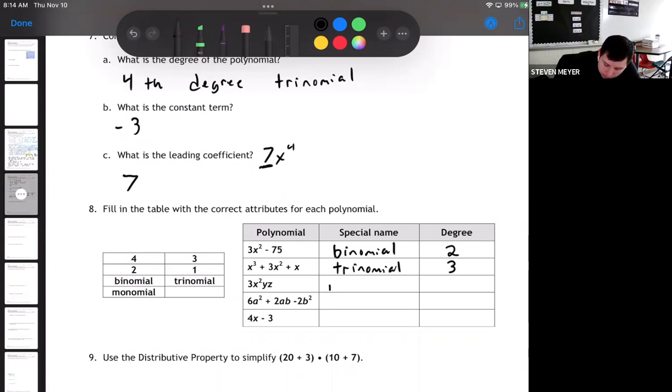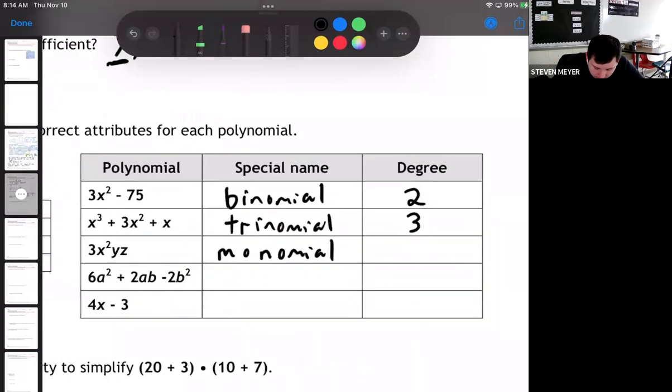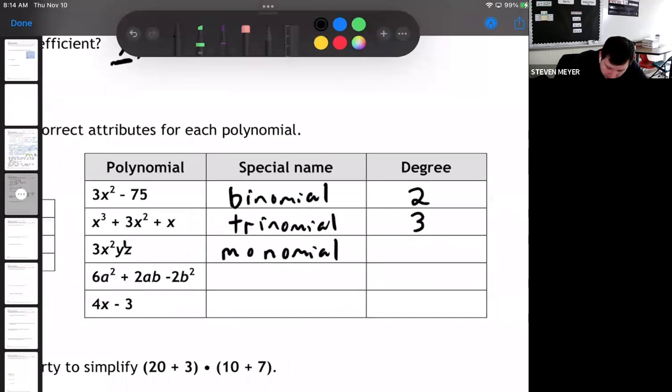Yes, 1 term, so that is a monomial. And because this is a single term, I add all of the exponents together in this. So I'm going to write in that y has a degree of 1 and z has a degree of 1. So then 2 plus 1 gets us a degree of 4.